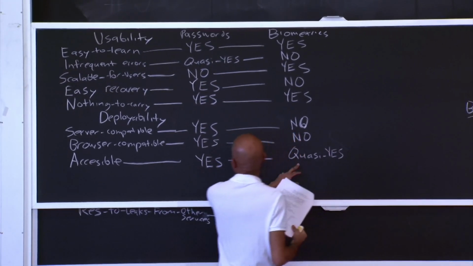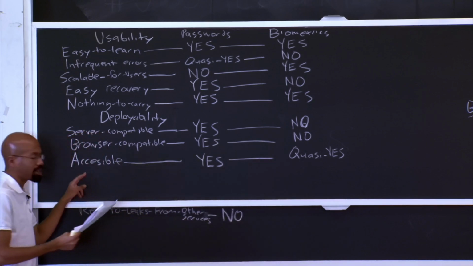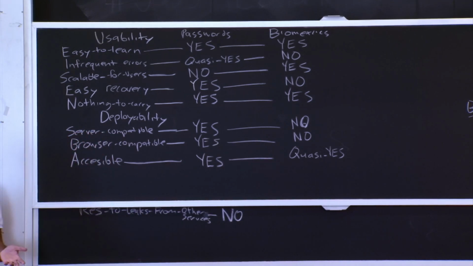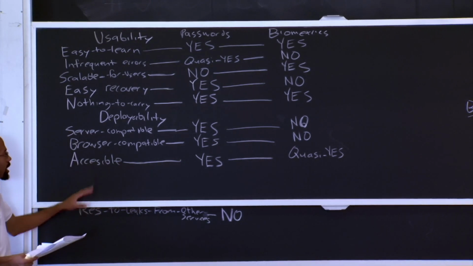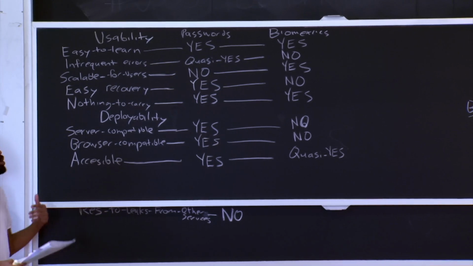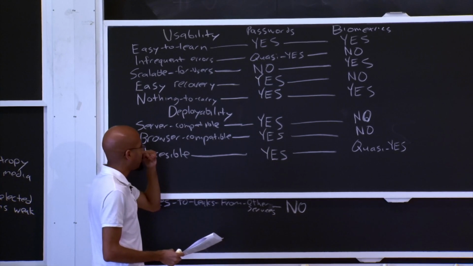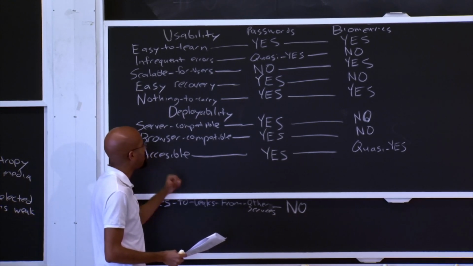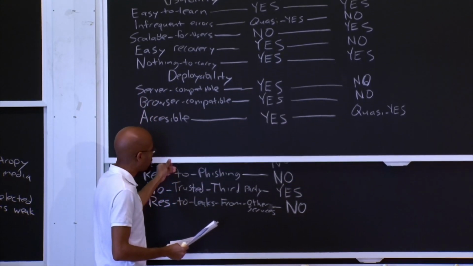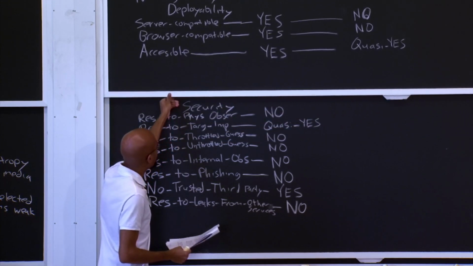I think they say quasi-yes because biometrics are error-prone to enter, which makes it difficult even for regularly able people to use. And if you have some physical impediment, it makes it even more difficult to use some of these schemes, right? So that's a little sad. So biometrics don't quite seem deployable. So what about on security?